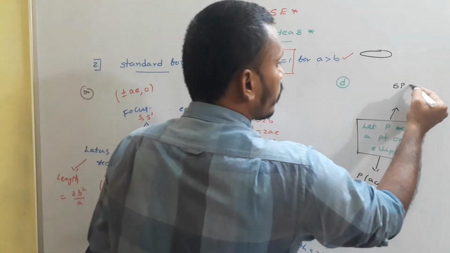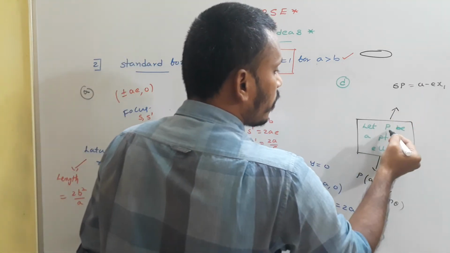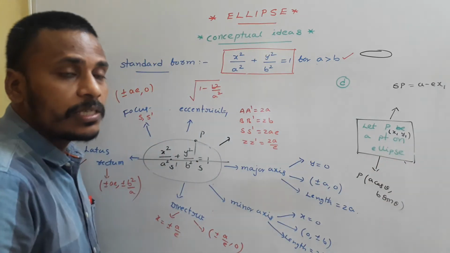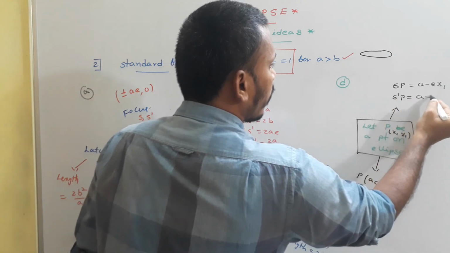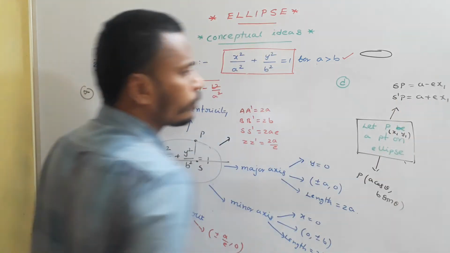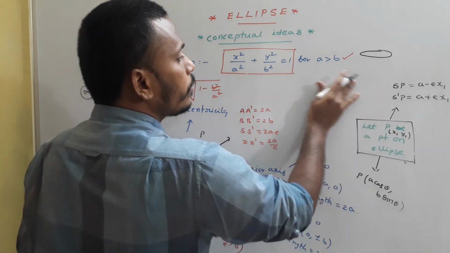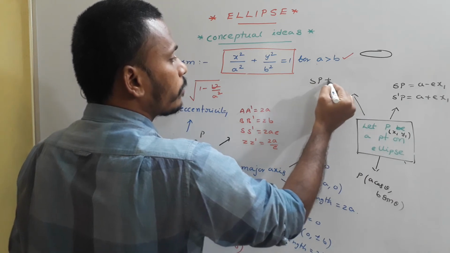It is nothing but a minus e x1. If P has coordinates x1, y1, then SP is a minus e x1, whereas S dash P is a plus e x1. After having SP and S dash P, what do you say about SP plus S dash P?